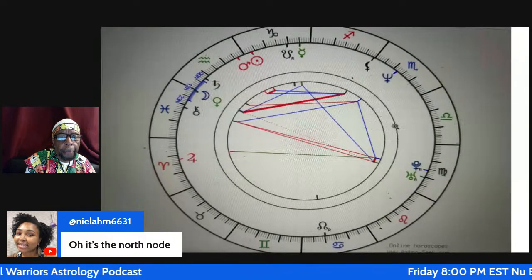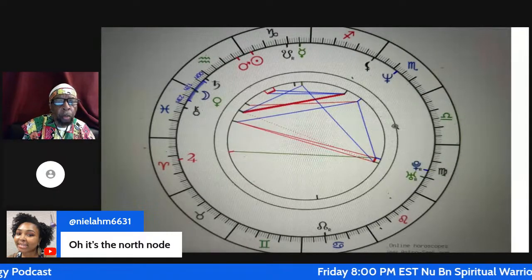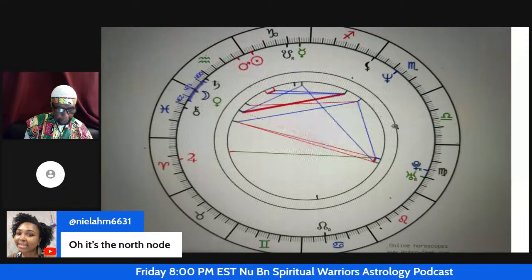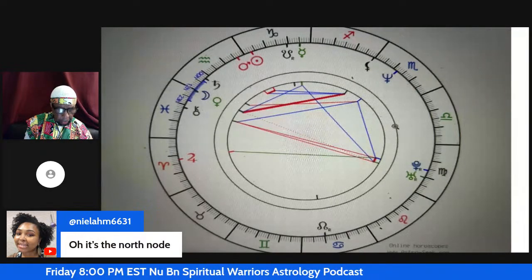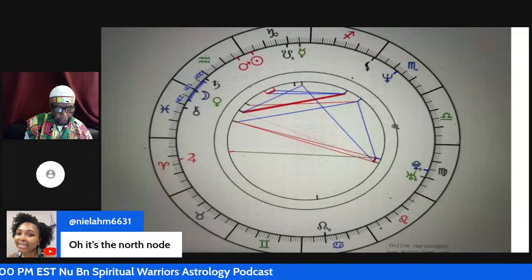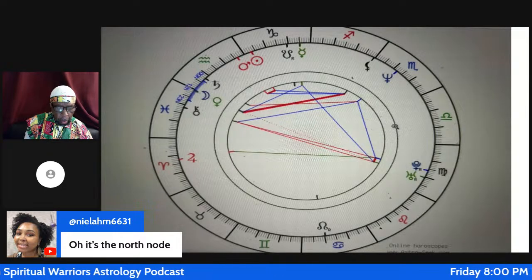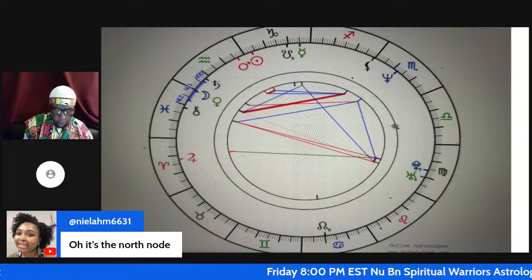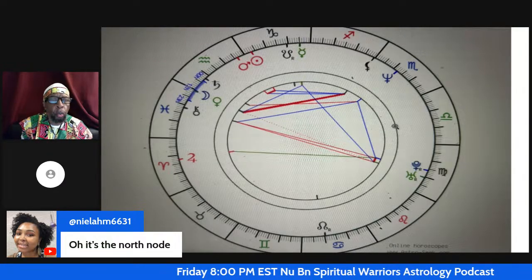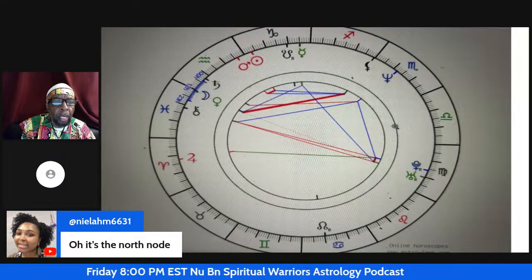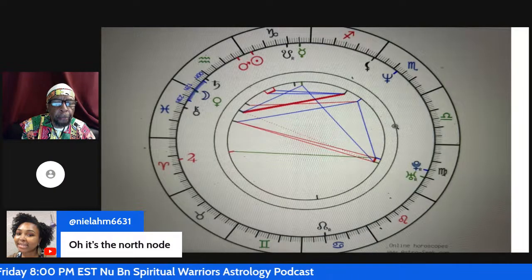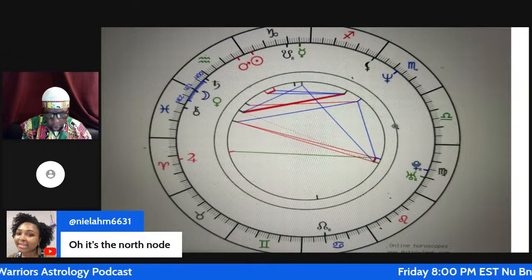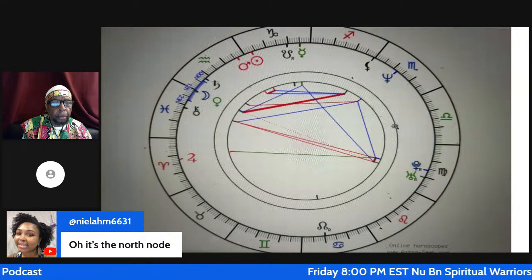The next thing I want to take a look at is the Moon. I'm double checking that for some additional information, because here it says that this Moon is 24 degrees Aquarius. So I'll just go with that, even though it looked like it's moving into the Pisces house. So let's say that the Moon is 24 degrees Aquarius.